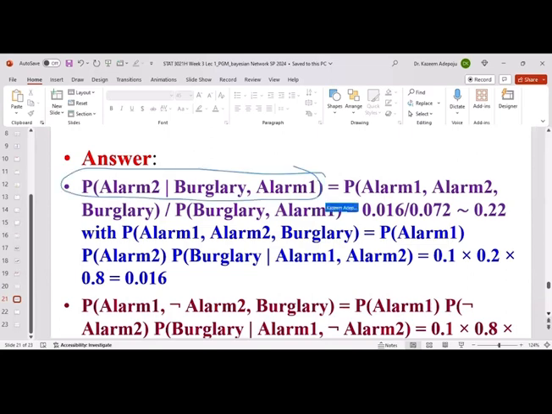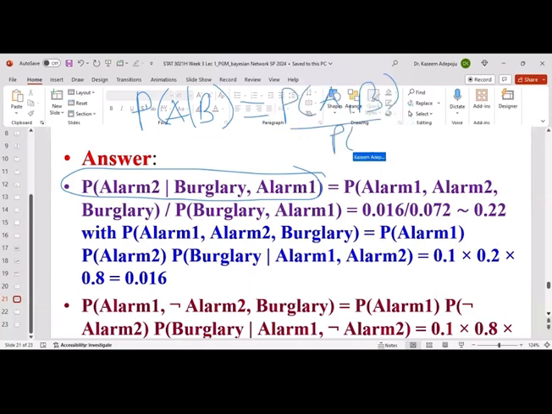If I want to find the probability of something given this and this, if you want to follow, let me even write it here. If I write probability of A given B, that is going to be the ratio of the joint over the probability of B, right?